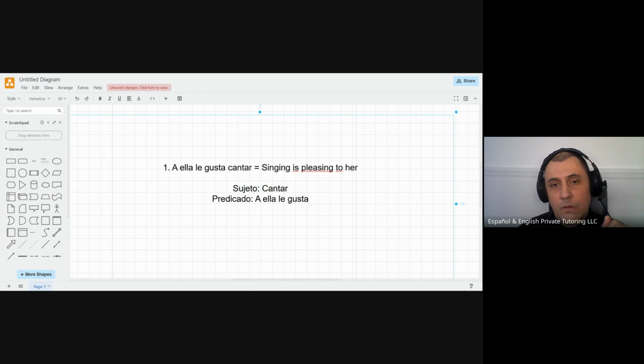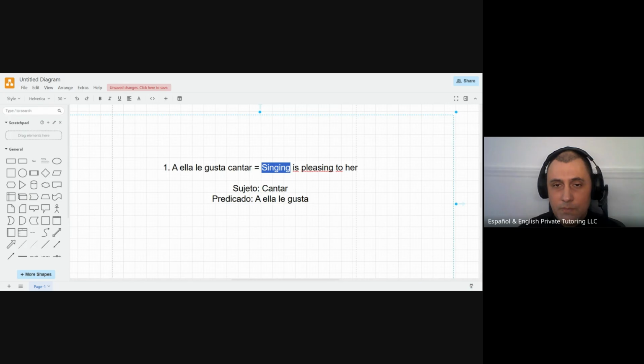So in English, you can transform a verb into a noun. To do that, you use the gerund form, ing. So singing is not acting as a verb in the sentence, it's acting as a noun. This is what is called a nominal verb. A nominal verb is a verb that acts as a noun, not as a verb.